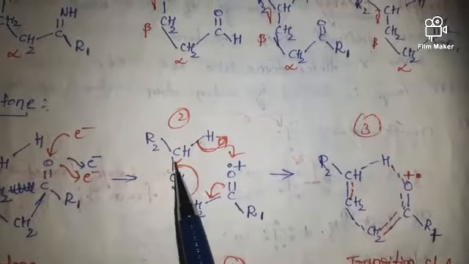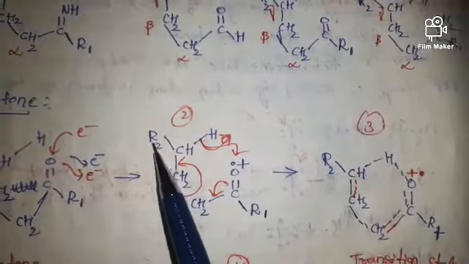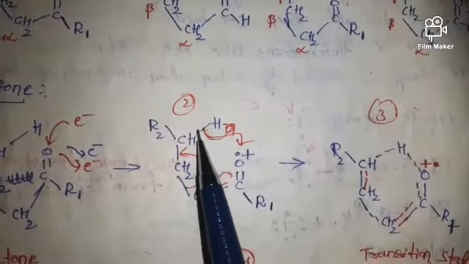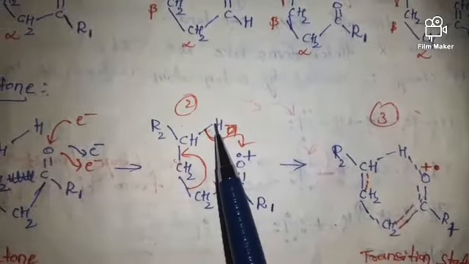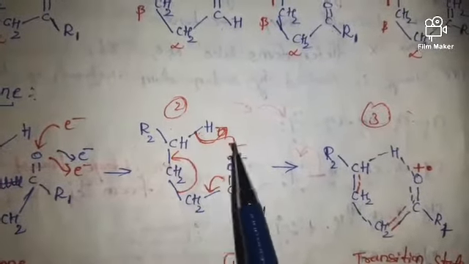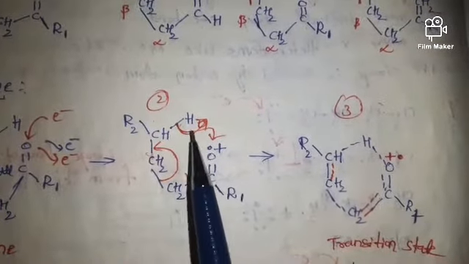Next, see this particular hydrogen. This is the gamma carbon. The hydrogen which is attached to the gamma carbon is the gamma hydrogen. Here the gamma hydrogen will transfer. This particular gamma hydrogen will move towards this side.